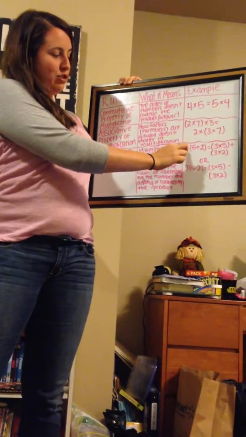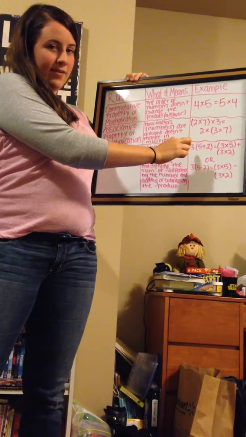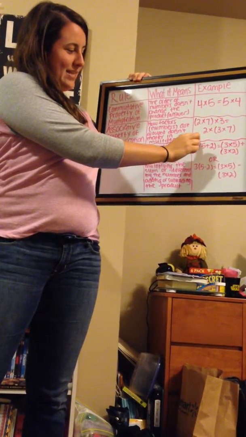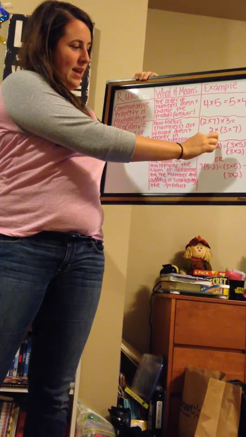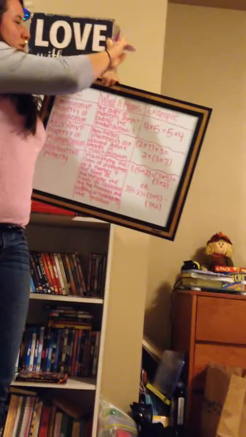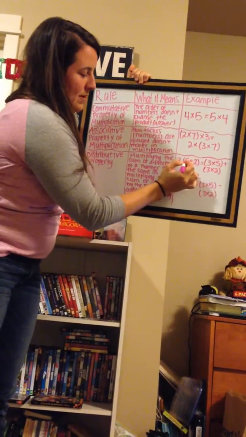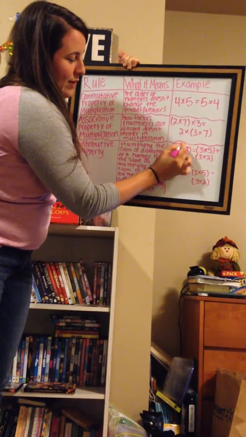And a way to distribute that is we are going to multiply the 3 times the 5 and then add it to the 3 times the 2. Okay, so I can show this to you guys easier by drawing it in a little bit. So we're going to distribute the 3 to the 5 and the 3 to the 2.